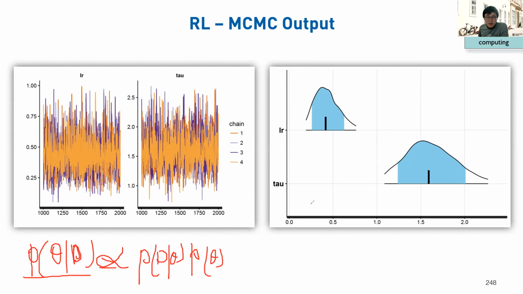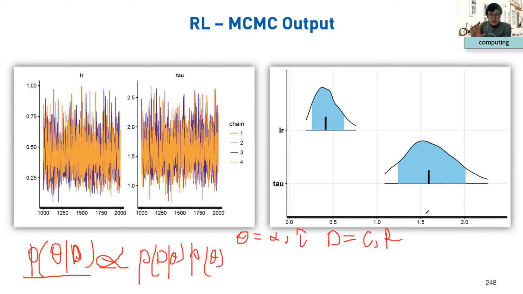But we now have a more specific example here. What are the parameters? The theta here equals a combination of two parameters. We have the alpha, we have the tau. Tau is the softmax temperature and alpha is the learning rate. And what are our data? We have the choices. At the same time, we have the corresponding reward.